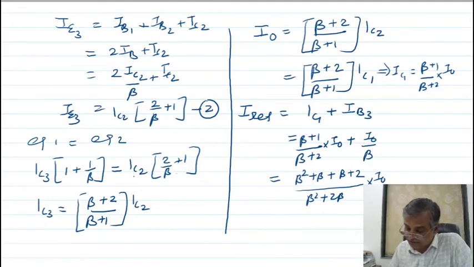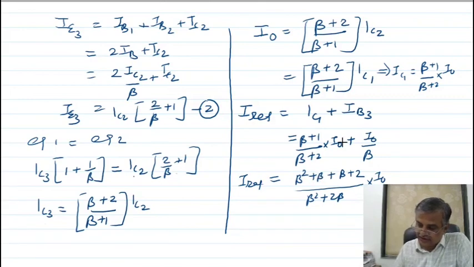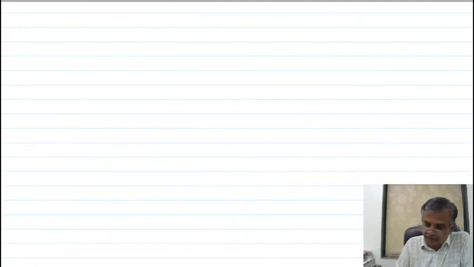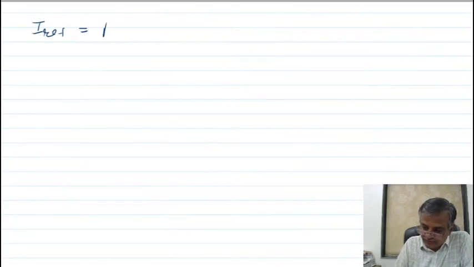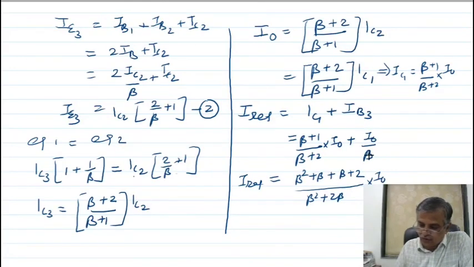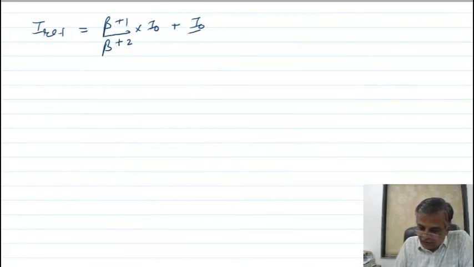Again I write this equation because it will not fit in the slide. I reference is equal to beta plus 1 upon beta plus 2 into I0 plus I0 by beta.